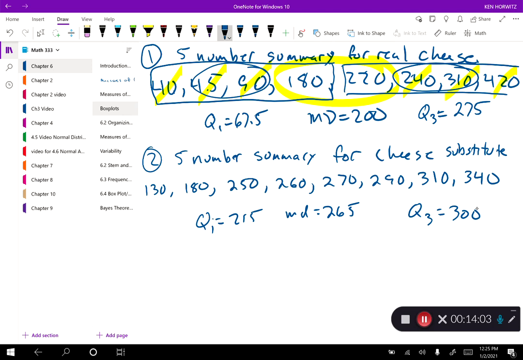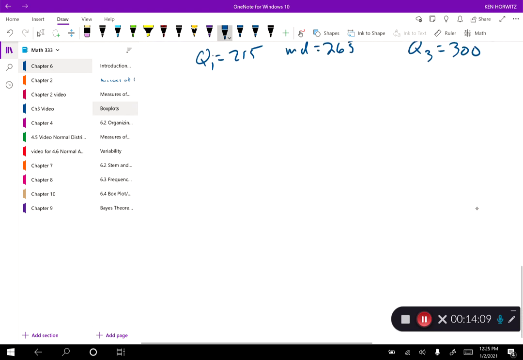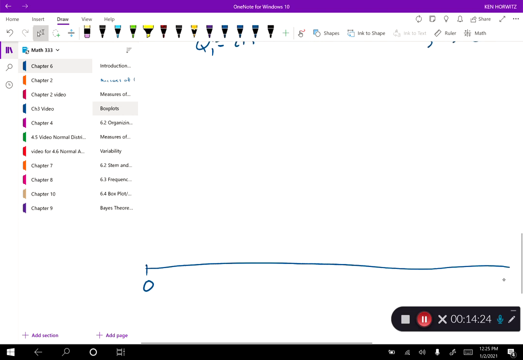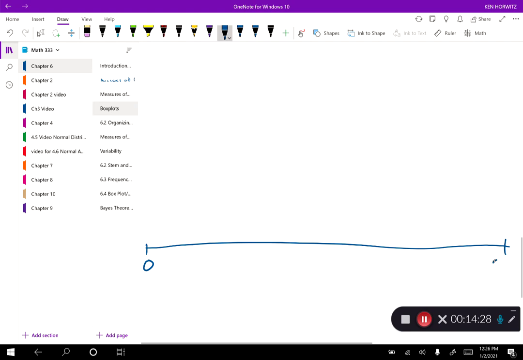All right, so I need a scale that's going to suffice for both numbers. So I'm going to scroll up. I can always scroll back if I need the numbers again. I'm going to make my scale down here. So I have a lot of room. All right, and I'm going to go 0 to, let's go up a little bit, $500.